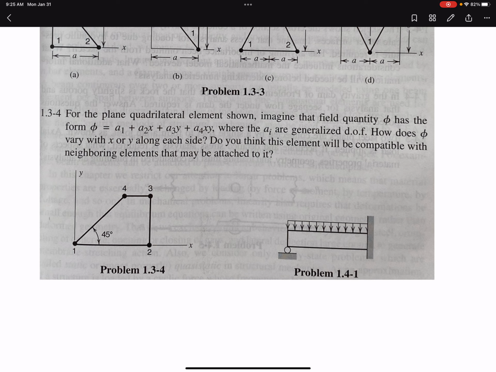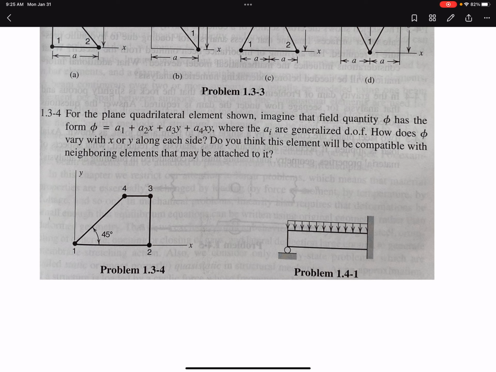Compatibility is the connectivity or the behavior of our field variable between elements, right? Not at nodes. Nodes, we know that there's compatibility between nodes. If an element is next to another element and they share the same nodes, then we have to impose compatibility between them.